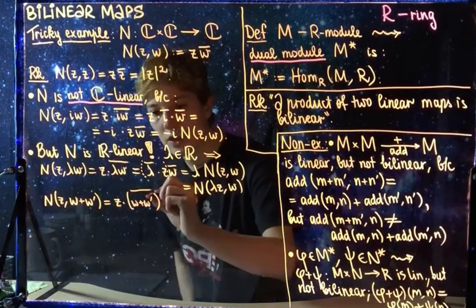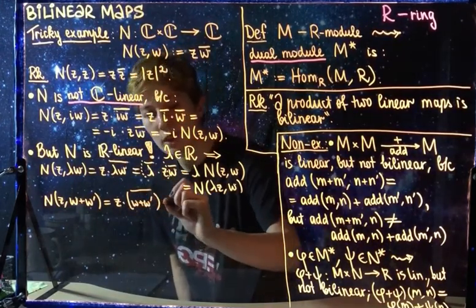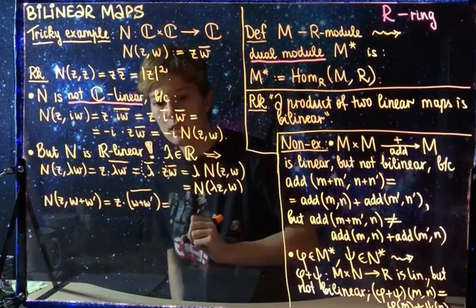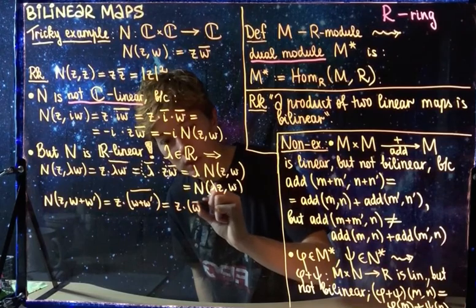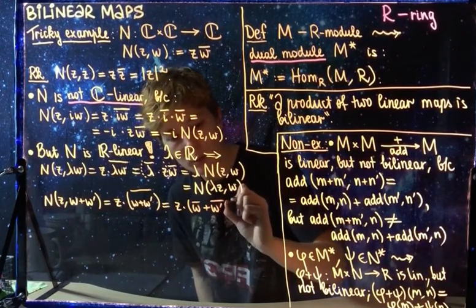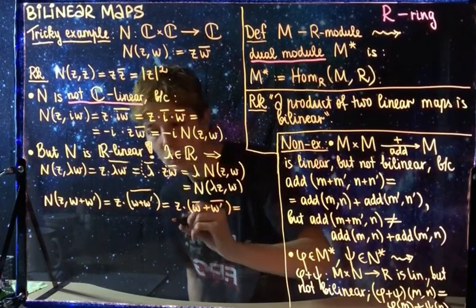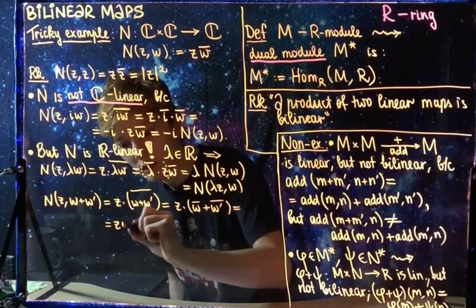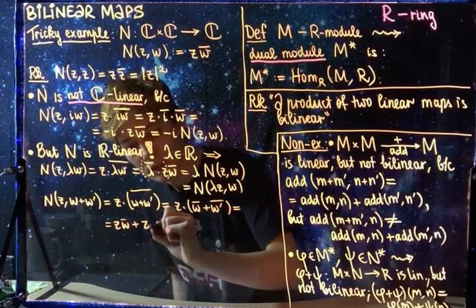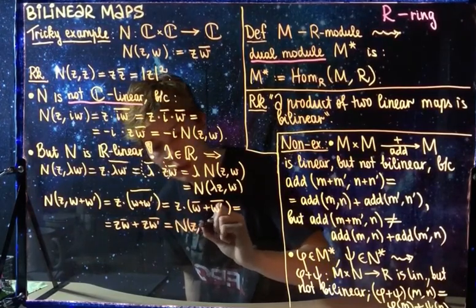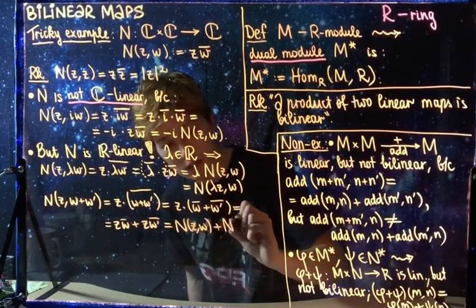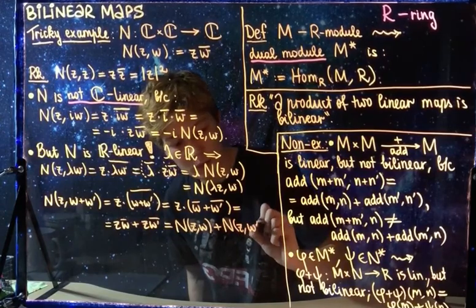So changing the sign of the imaginary part is additive, so we have Z times W bar plus W prime bar. So you can see that this is ZW bar plus ZW prime bar, which is N of Z comma W plus N of Z comma W prime.